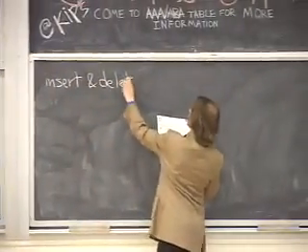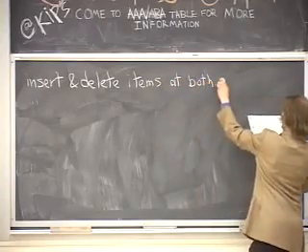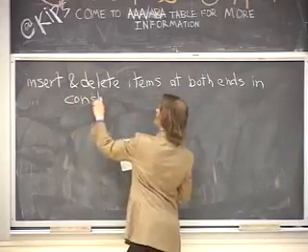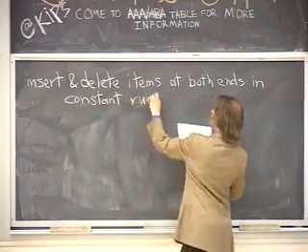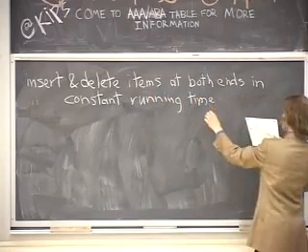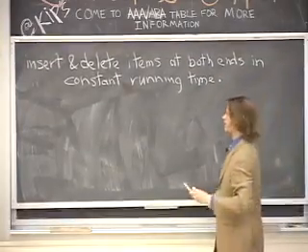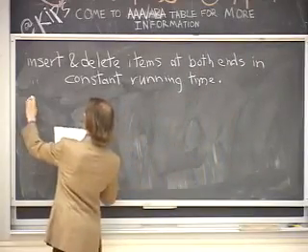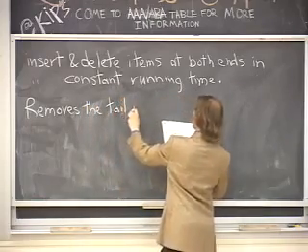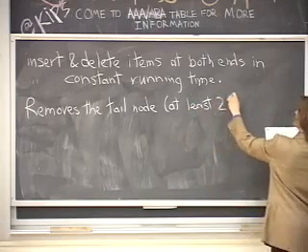So now we can insert and delete items at both ends, in constant running time per deletion or insertion. Just to show you an example, here's code that removes the tail node if there are at least 2 items in the dlist.